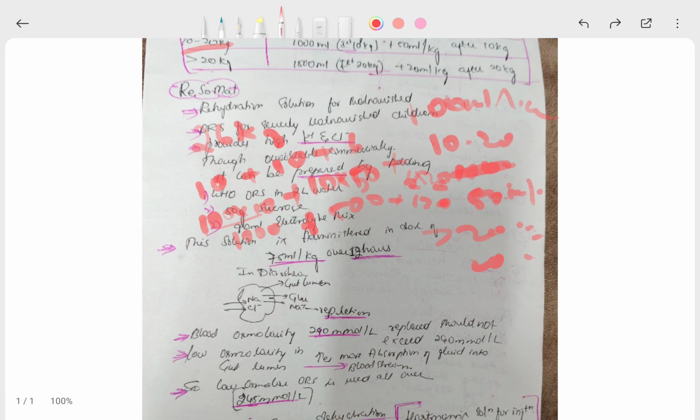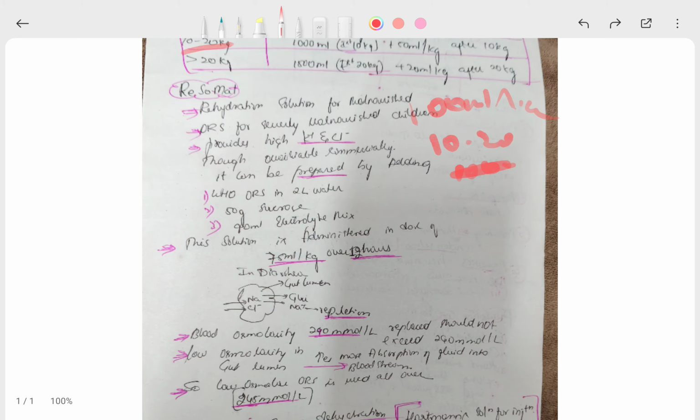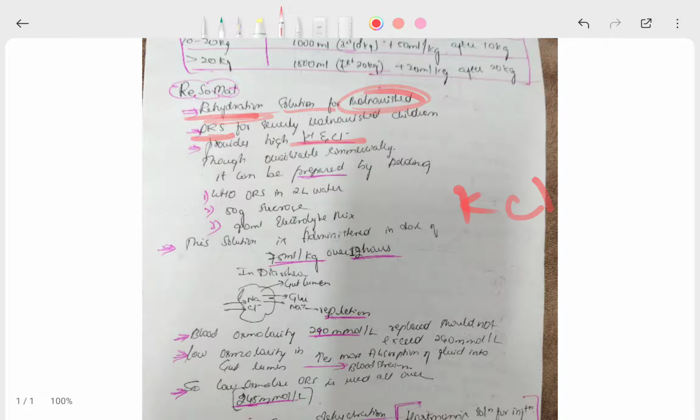Next you have ReSoMal. ReSoMal is a rehydration solution for a severely malnourished child, where you will be giving it in order to rehydrate. It provides potassium and chloride as well.